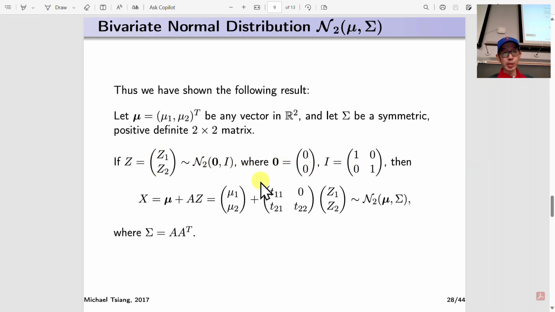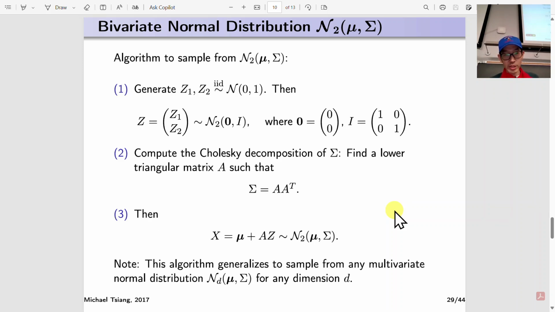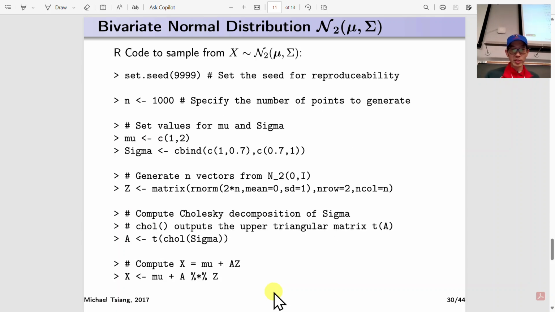And then you multiply Z1, Z2 by that matrix A. After you figured out those terms, you'll add on whatever vector of means, and then that will give you your random variable X, and X will have this distribution where the mean is mu and the variance covariance matrix is sigma.